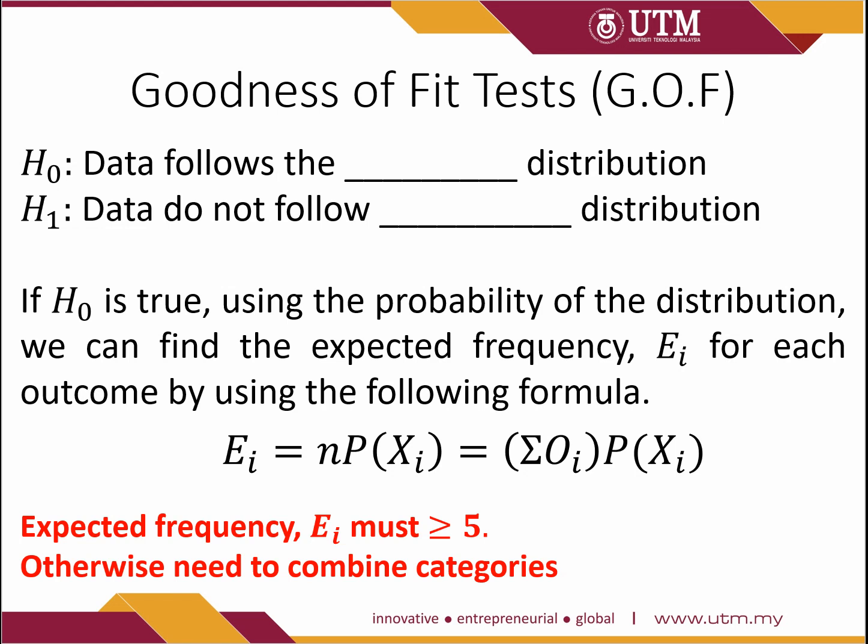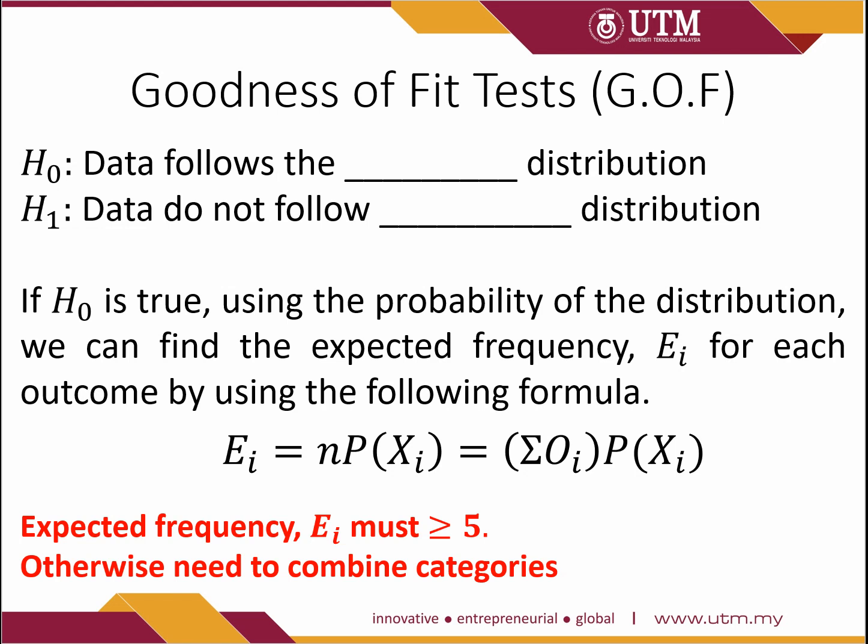The very first step that we need to do when we do the example is to make the hypothesis statement. If our H null is true, we are going to compare whether our H null is true or not using the chi-squared test and the critical value.